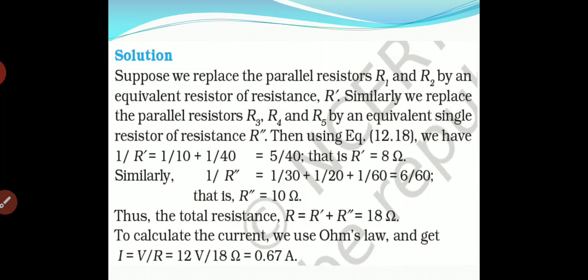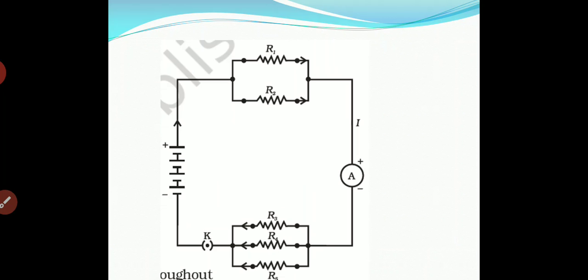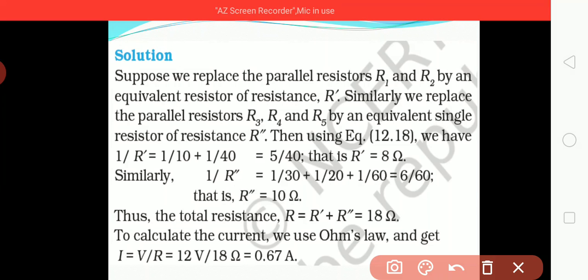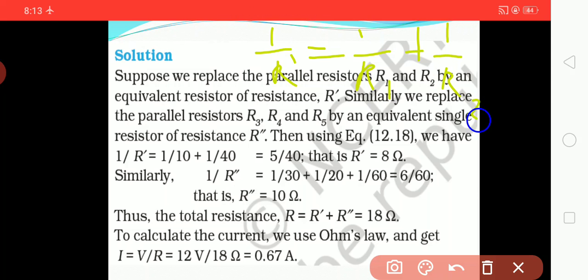So here our formula will be 1 upon R dash is equal to 1 upon R1 plus 1 upon R2.